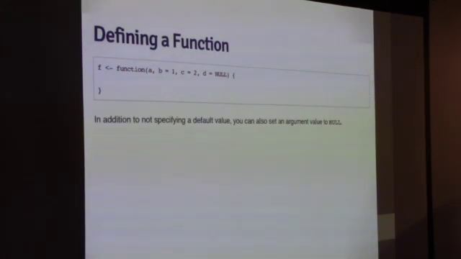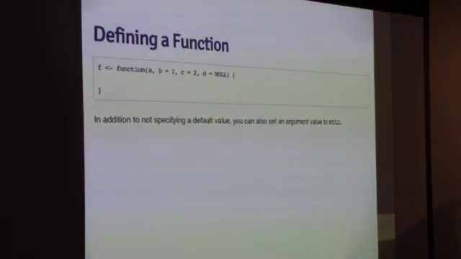Okay, that's my function. Now if I go ahead and call function f, I'm assigning the value z, f of a equals 5, comma b equals 2.